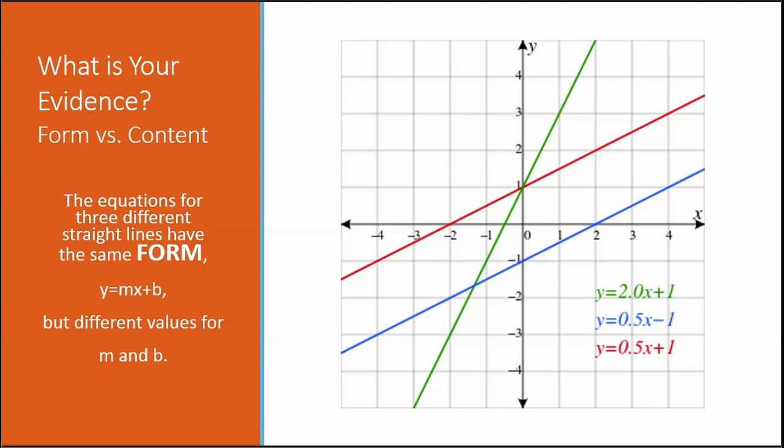The green line has a value of 2 for m and a value of 1 for b. The red and blue lines have a value of 0.5 for m and -1, +1, respectively, for b. So again, the different equations for the straight lines have the same form, the same pattern, but different values for m and b.